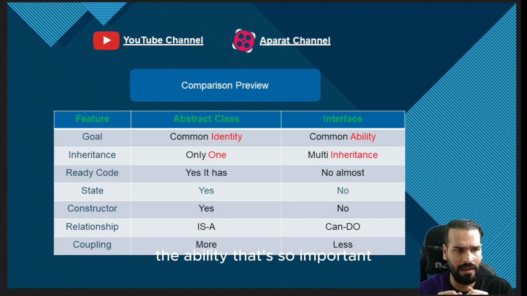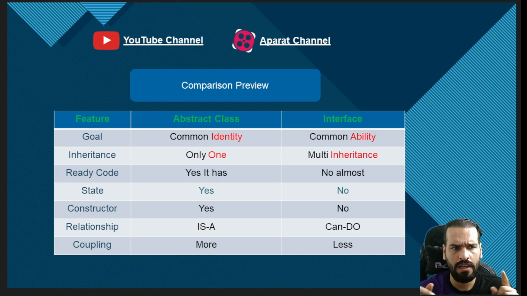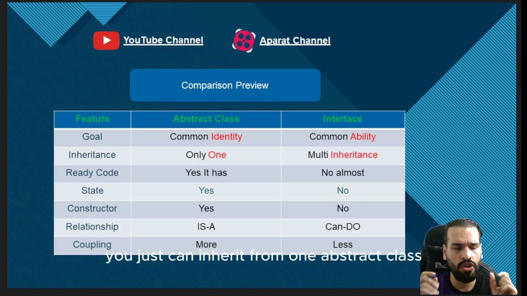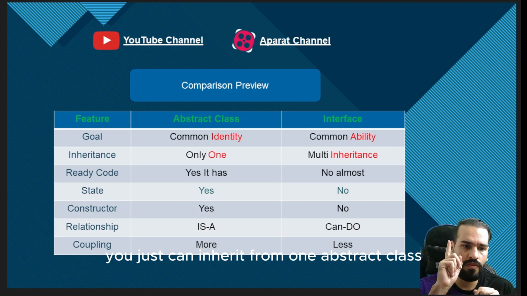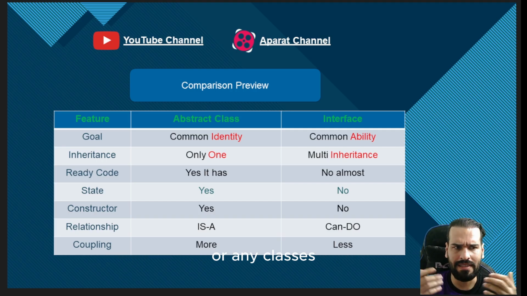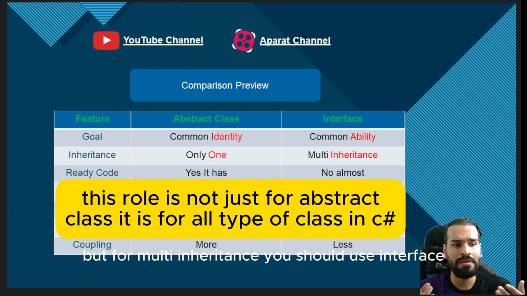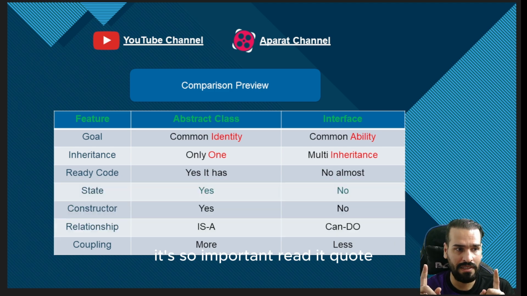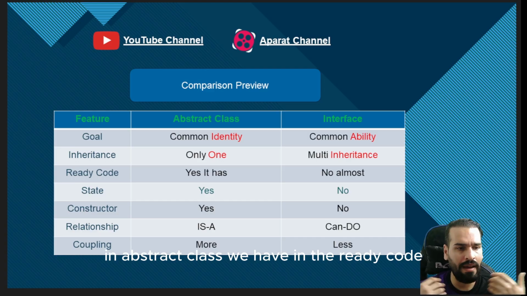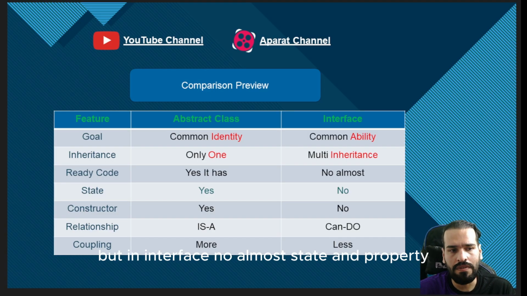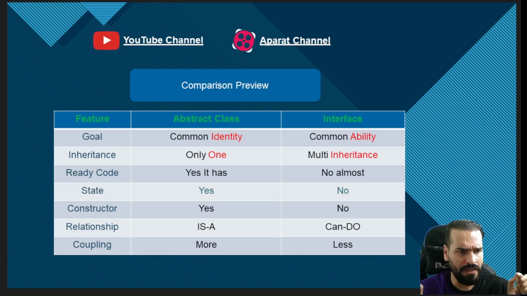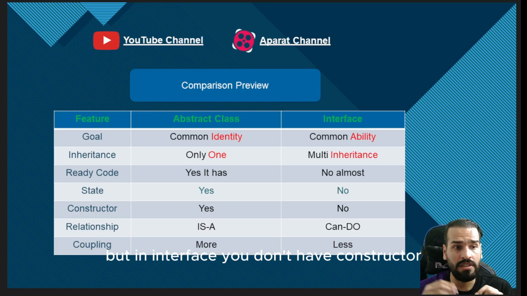That's so important. Let's talk about inheritance. When you are using abstract class, you can inherit from only one abstract class or any class. But for multiple inheritance, you should use interface. It's so important. Ready code: yes, in abstract class we have ready code, but in interface, almost no. State and property: in abstract class we have them, but in interface you don't.